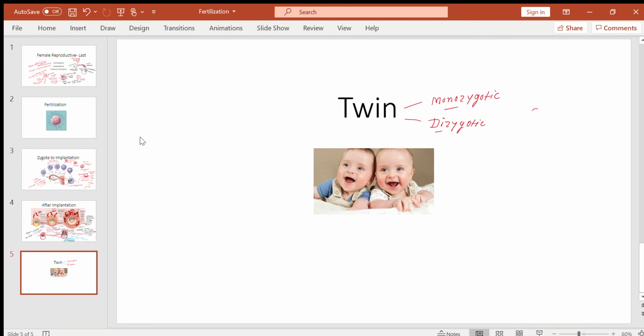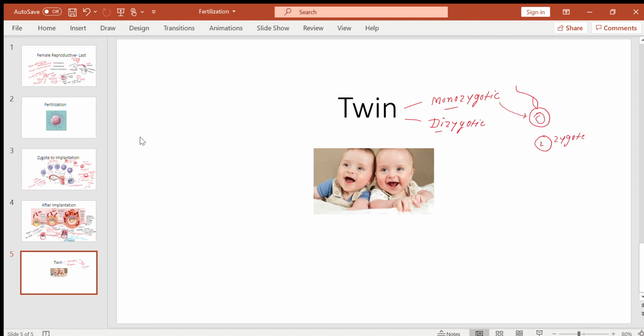So if one zygote is formed, you see here, this is the egg and this is the sperm. One egg is fertilized by one sperm, right? That is normal. And one zygote or fertilized egg is formed. So what happens after fertilization, you remember this is the zygote.